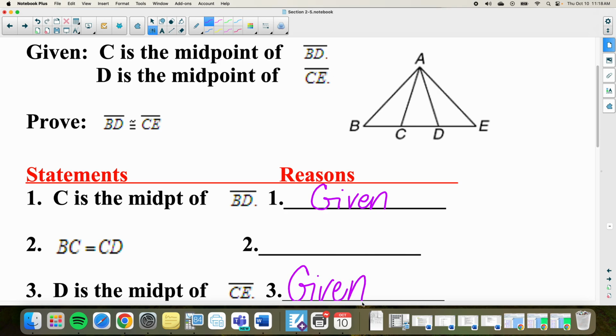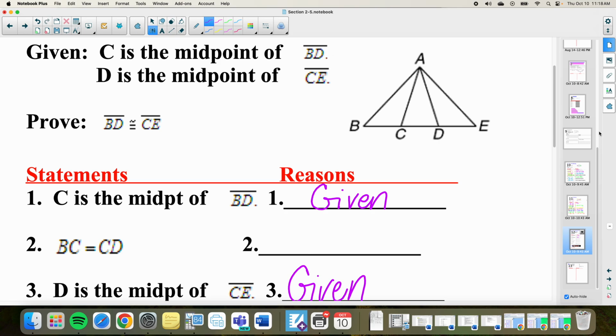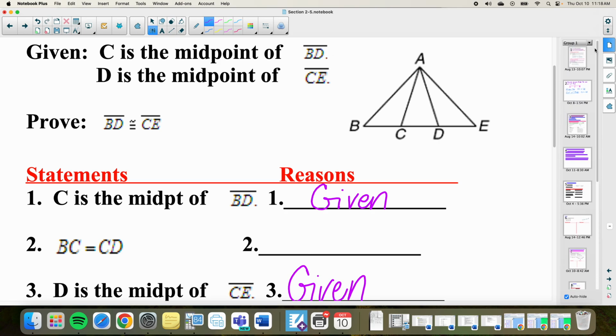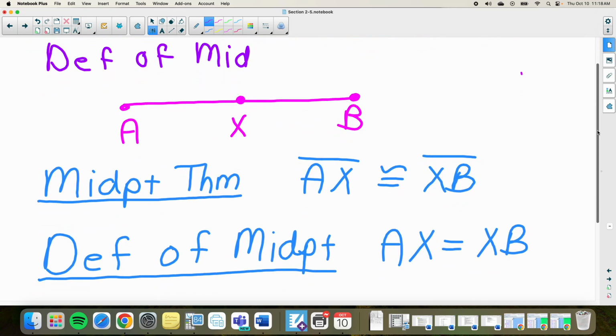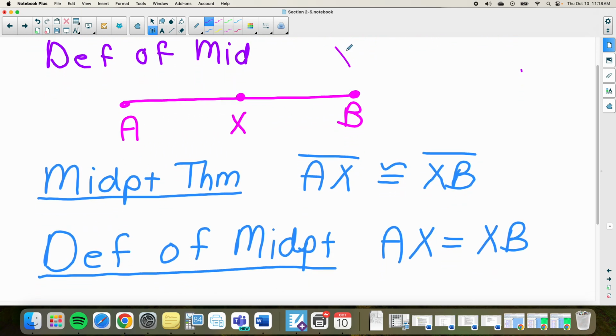Okay? Now, if you remember back to yesterday, I went over this with you guys, that if you ever knew like X is the midpoint of AB, okay, then I would know that AX equals XB. If I wanted to do it with the equal sign, I could do that.